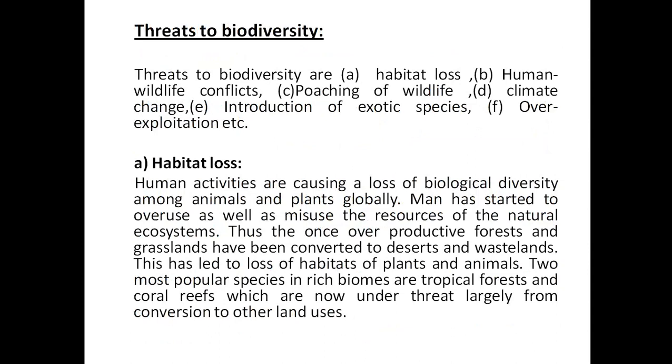Next, we go on to threats to biodiversity. Now, what are the threats that can bring about the depletion of biodiversity?